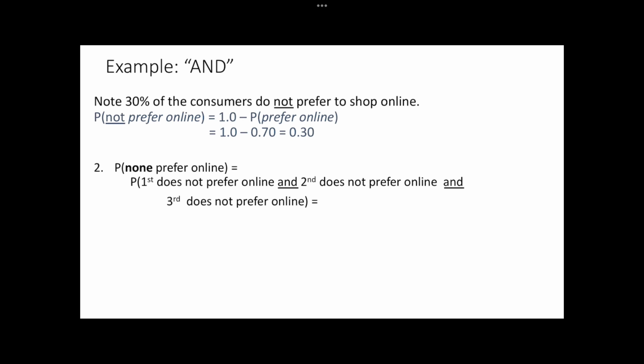All right, so our second problem was the probability that none prefer online shopping. That means that all 3 do not prefer online shopping. Again, when we choose a customer at random, whether or not that customer prefers online shopping is not dependent on knowing about the other customers.